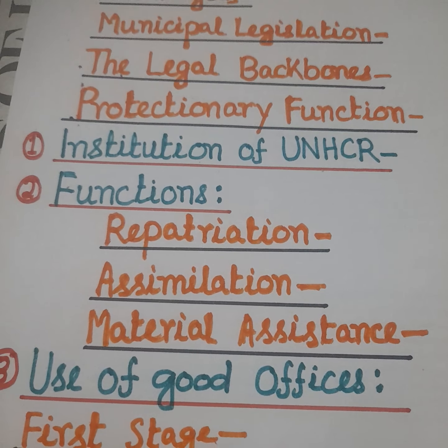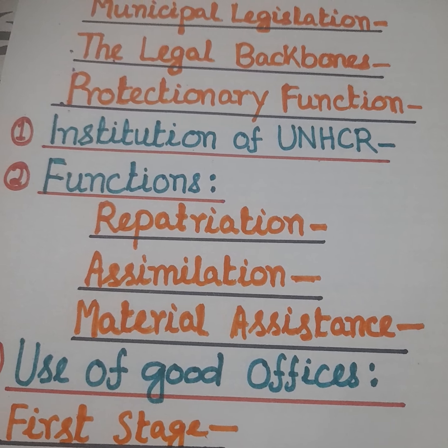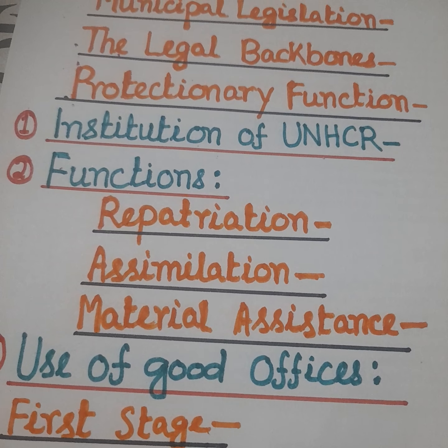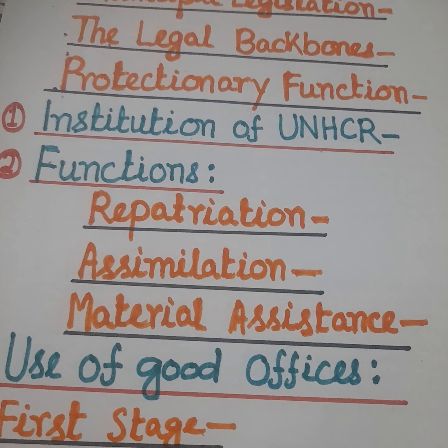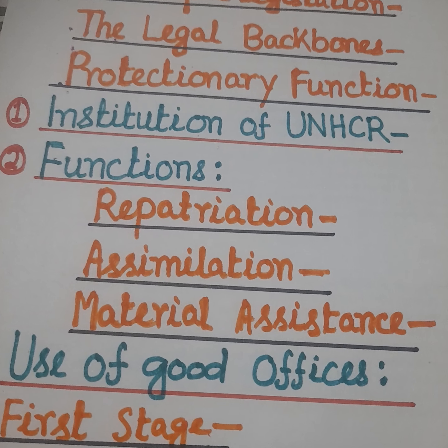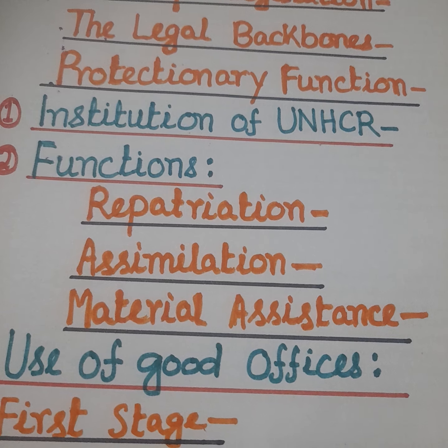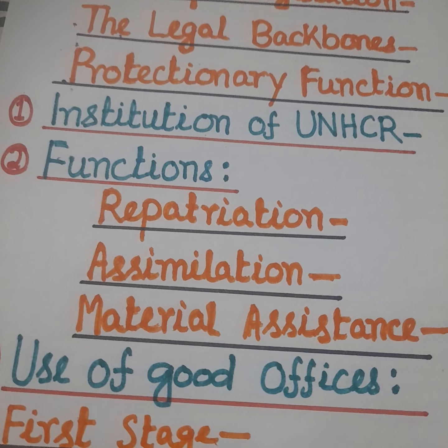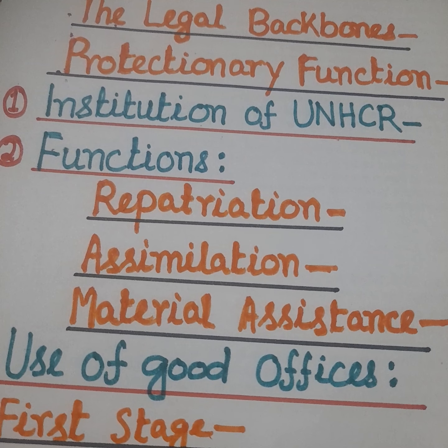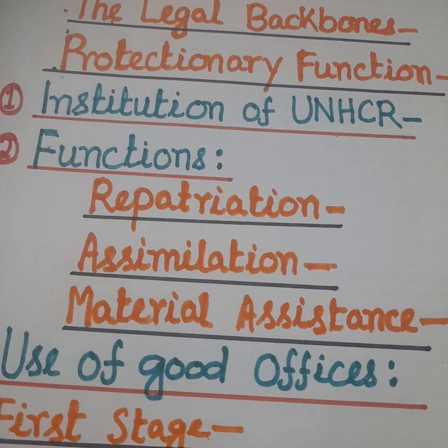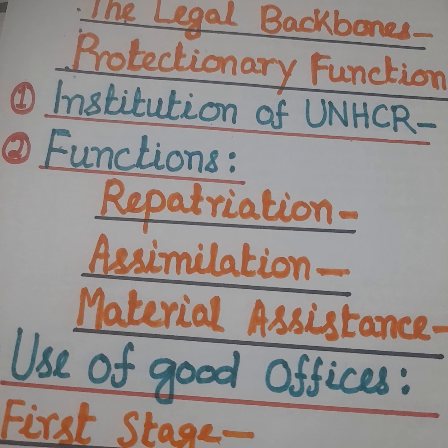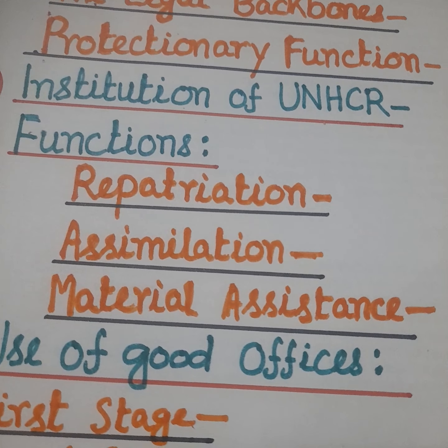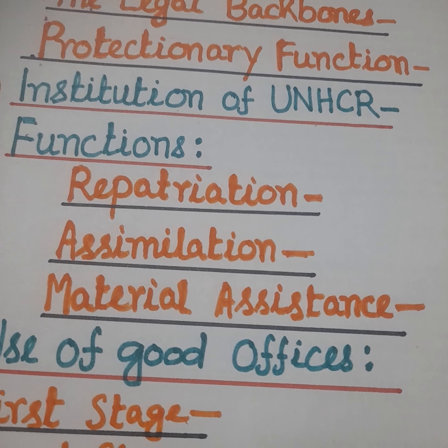And as such, the most important task entrusted to the United Nations High Commissioner for Refugees, besides repatriation, is the second one: assimilation. If voluntary repatriation proves impossible, the only other solution is assimilation. The final aim of assimilation is the acquisition of a new nationality.